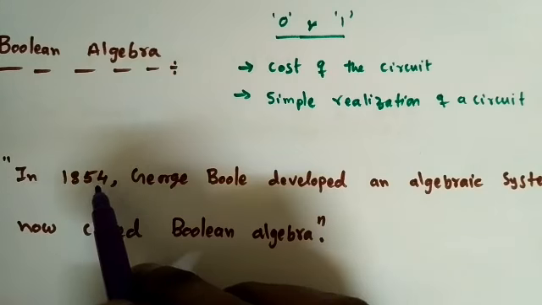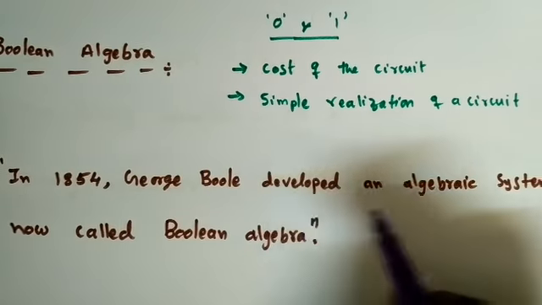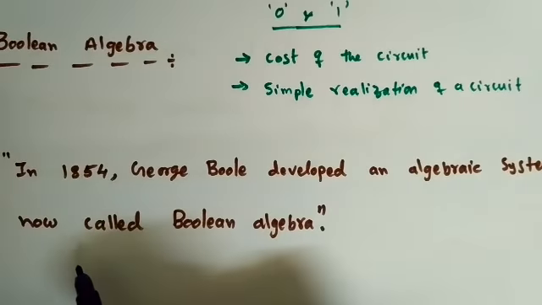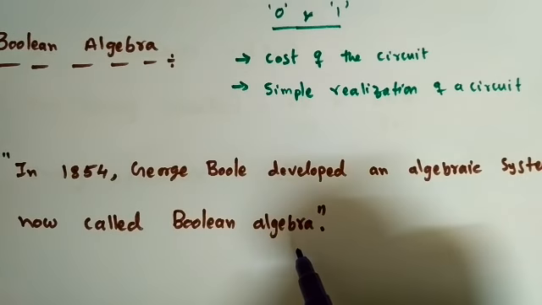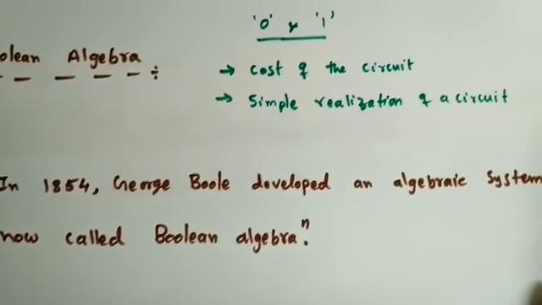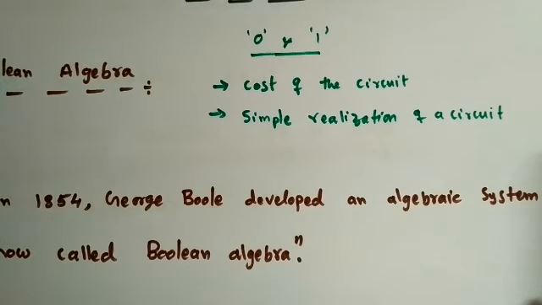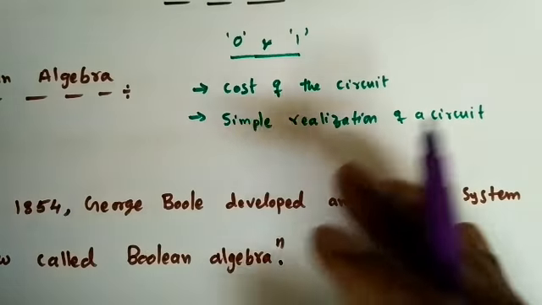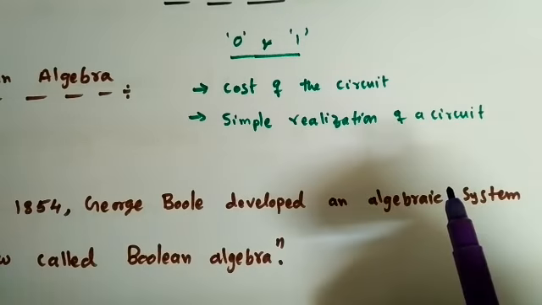In 1854, George Boole developed an algebraic system now called Boolean algebra. In ordinary algebra, when we learn linear algebra in mathematics, we have seen different types of theorems or sets of rules.